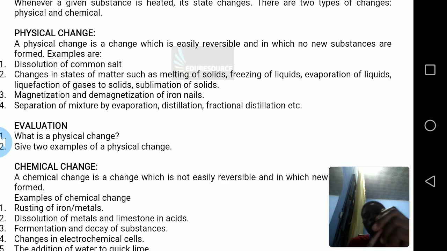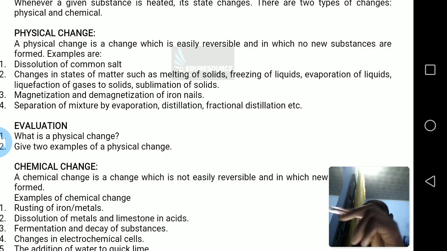Liquefaction of gases is the process of converting a gas into a liquid state. It's called liquefaction. This is typically achieved, now listen, by increasing the pressure. I think I've seen this kind of question either in WAEC or JAM chemistry, when they asked what method is used to convert gas into liquid.